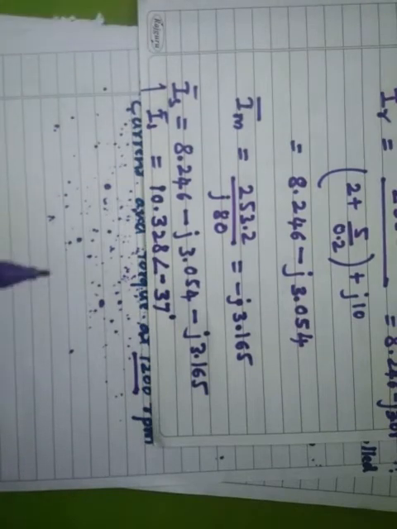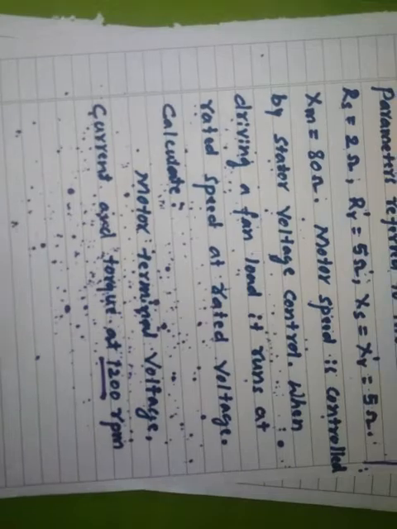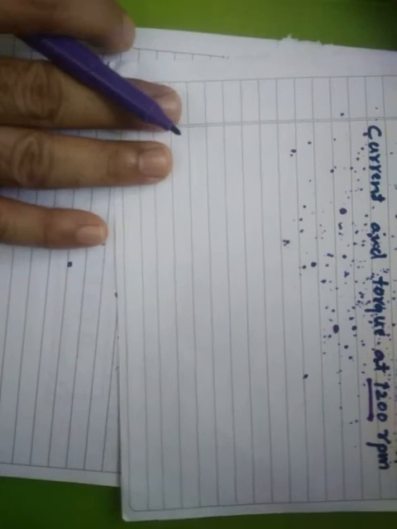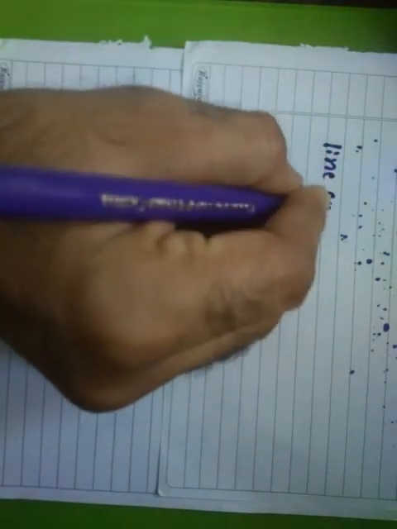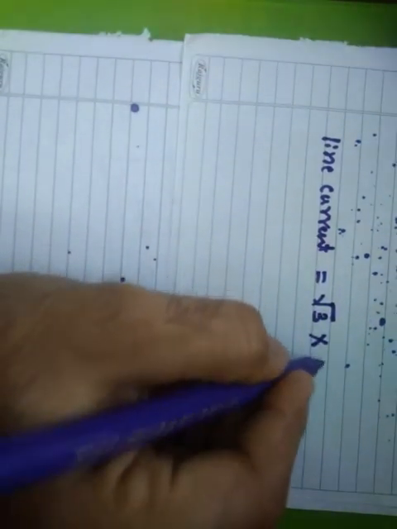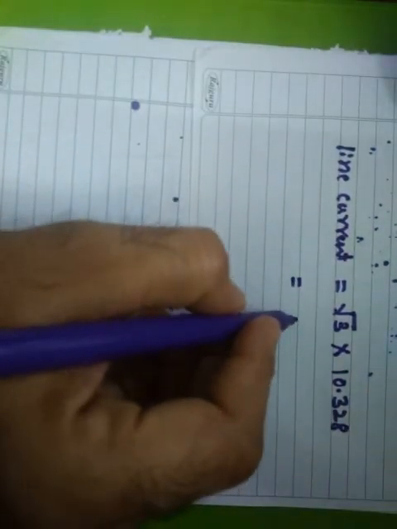Next, the line current, one more point you have to write. The line current is equal to root 3 times the current you got here, 10.328, because it is delta connected.